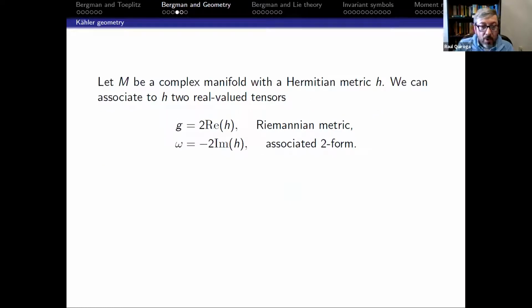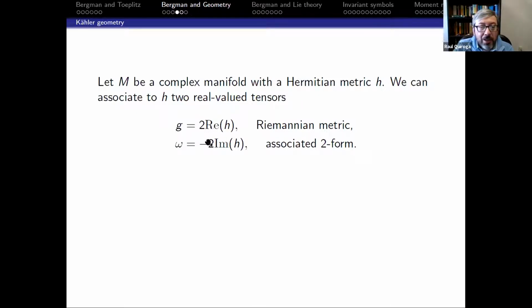You can get even more. Here I'm using a more general setup. Consider some complex manifold, so just holomorphic changes of variables, with a Hermitian metric. You can associate to this Hermitian metric two real valued tensors. Just take the real and imaginary part.